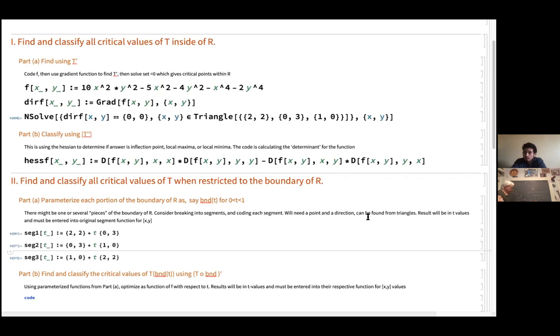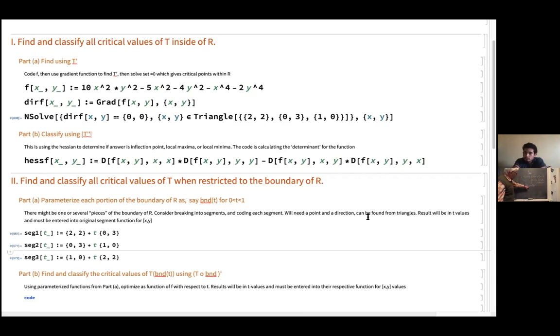And on the practice exam and on the other exams that we did, exam 2, I actually asked you to graph this so that you knew what you were looking at, but we can figure it out right here. If I work this out, the x value will be 1 plus 3t, and the y value will be 2 plus t, 0 less than or equal to t less than or equal to 1.